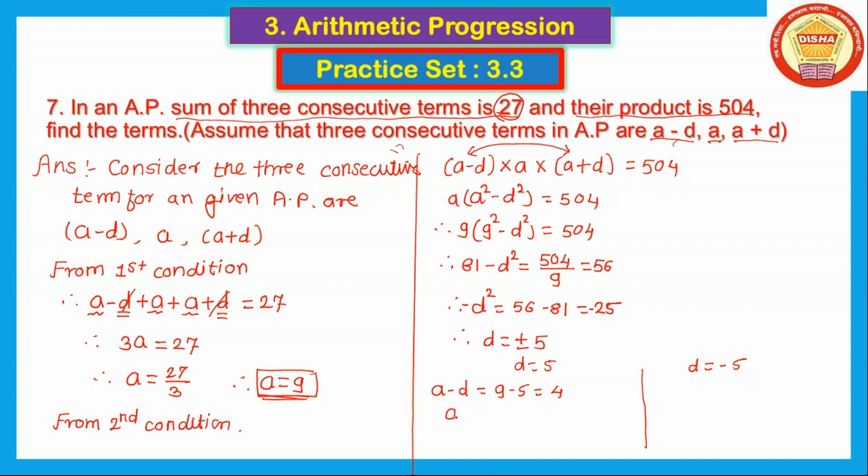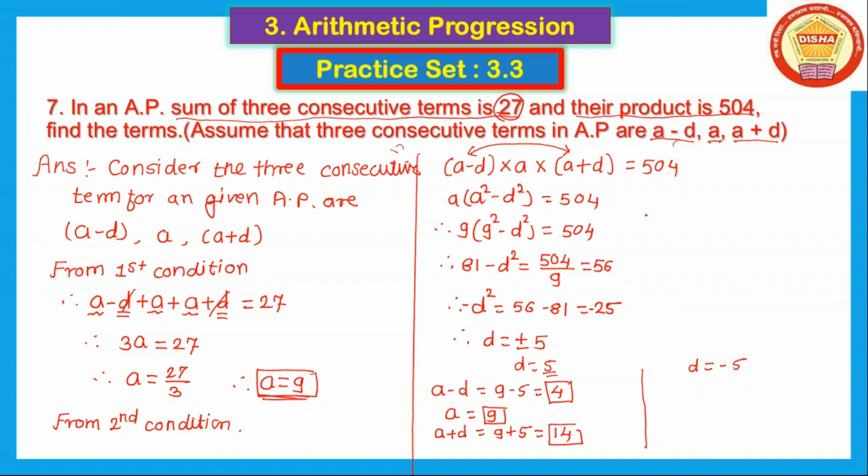Then the second term is equal to A, which is equal to 9. Then the third term, that is A plus D, means 9 plus 5 is equal to 14. Means if we take D is equal to 5, then we will get the first term is 4, the second term is 9 and the third term is 14.